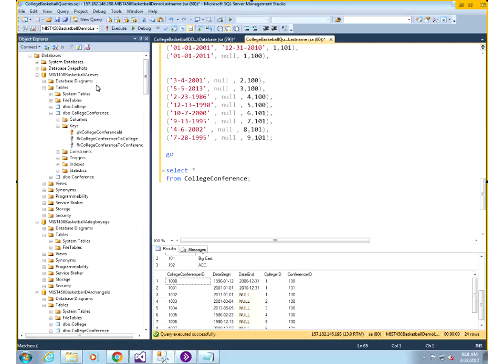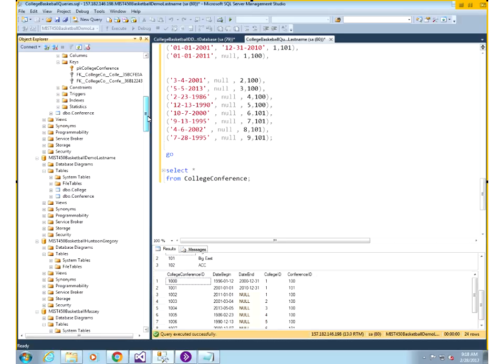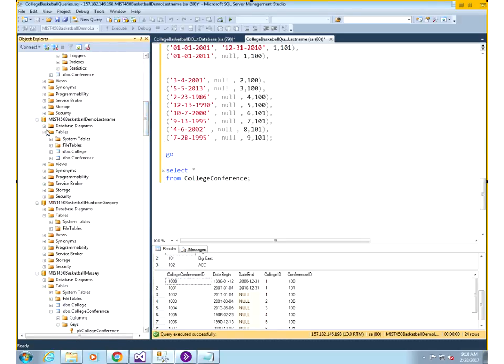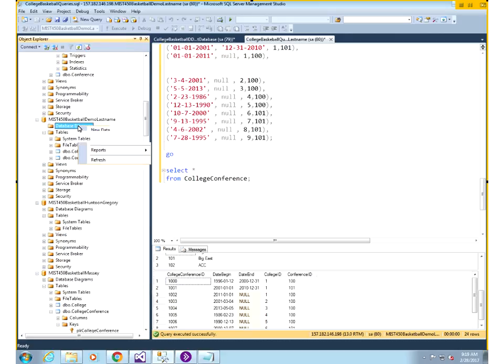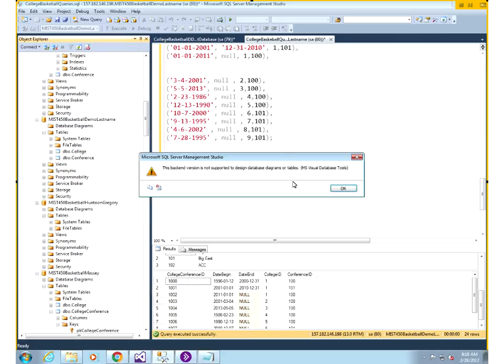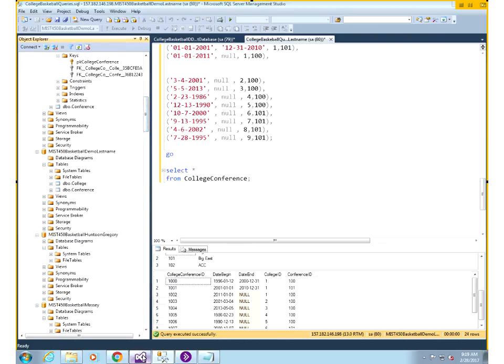There is an option here for creating database diagrams. I don't know if I activated it on the server or not, but it may not have been activated. Let me just check that. It takes up a lot of resources to create the diagram, so okay, the backend does not support it. Okay, I didn't activate it.